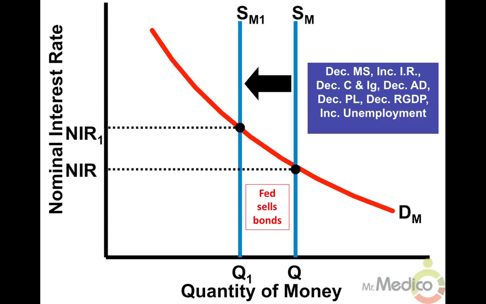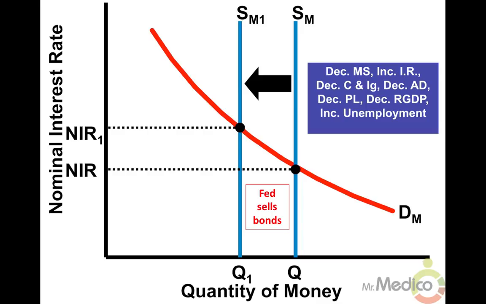If the private sector wants to borrow money from banks, they're going to have to pay a higher price, and that's a higher nominal interest rate. That would reduce consumption and gross investment in the economy, which would decrease aggregate demand, which would bring down the price level, result in less output, and increase unemployment.